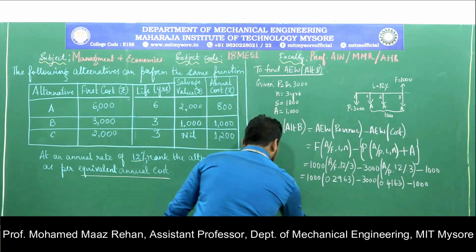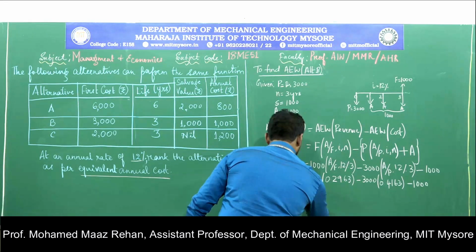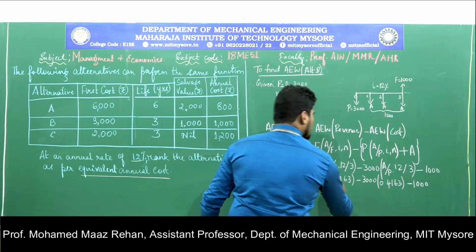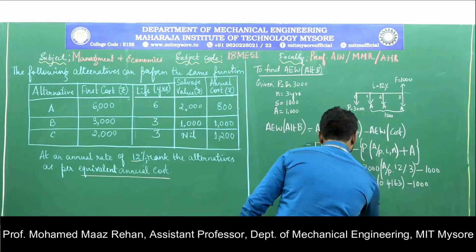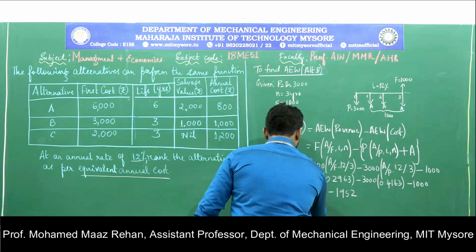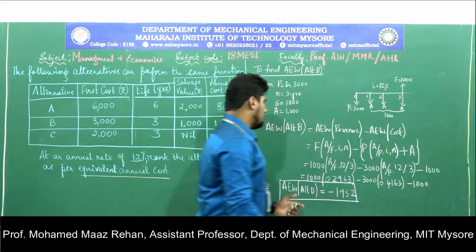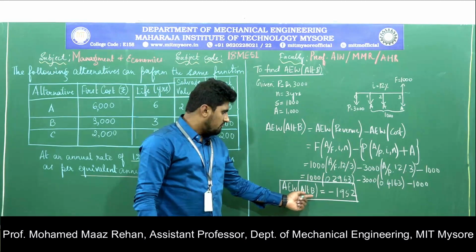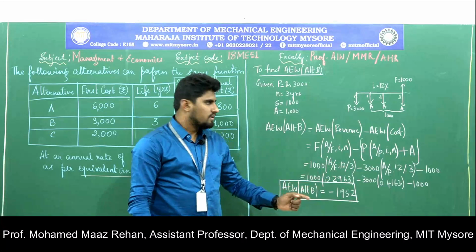So if you find annual equivalent worth for alternative B, you will get minus 1952. This is the value you got for alternative B, minus 1952.